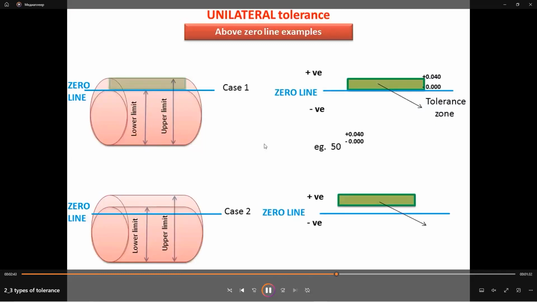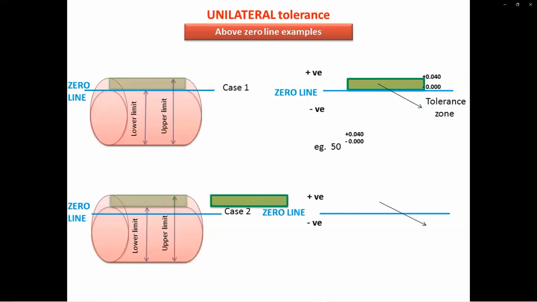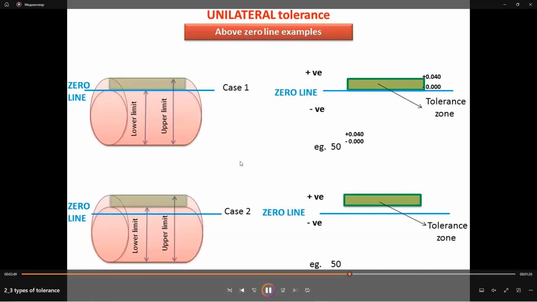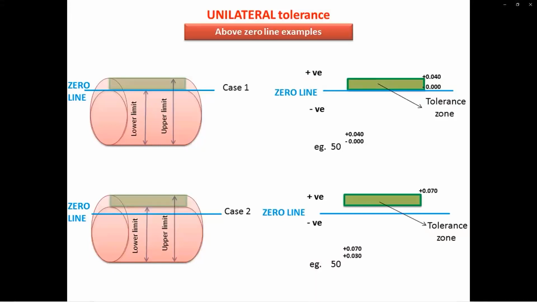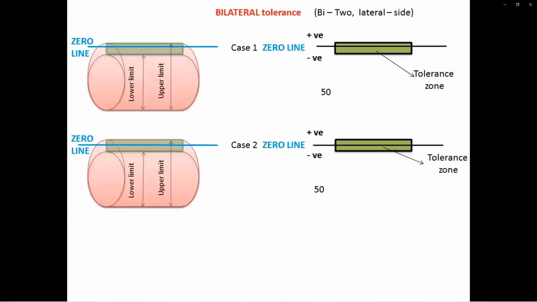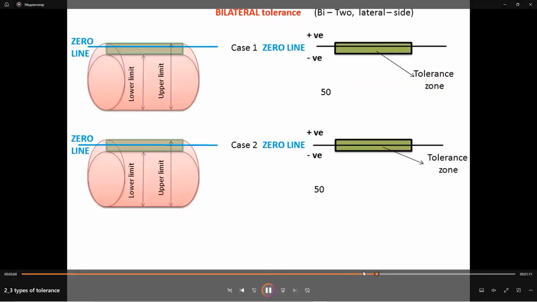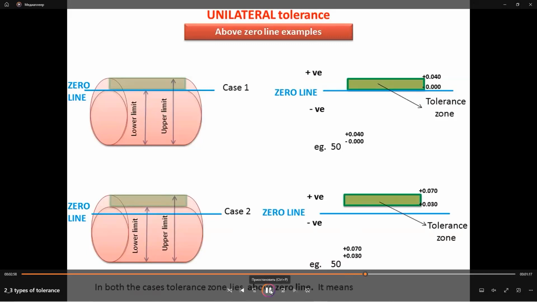Next example, you can see a lower limit and upper limit of the dimension, and the tolerance zone, the green tolerance zone, again above the zero line. In both cases, the tolerance zone lies above the zero line. It means plus deviations only.